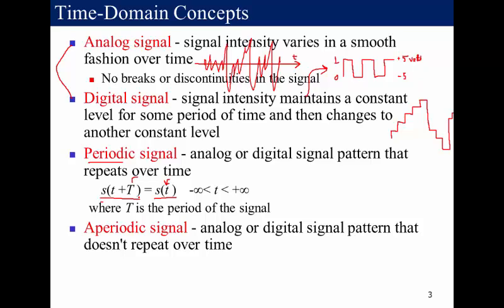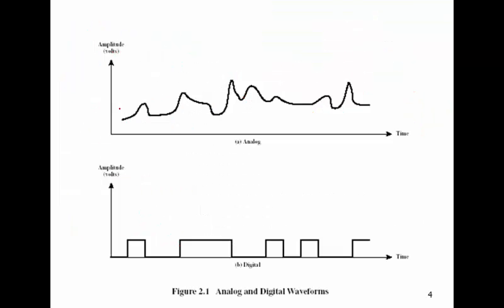If we keep having that repetition, then we call it periodic signals. If it is not, then aperiodic. So for analog signal and digital signal also, there's a periodic digital signal, aperiodic digital signal. Same thing for analog.